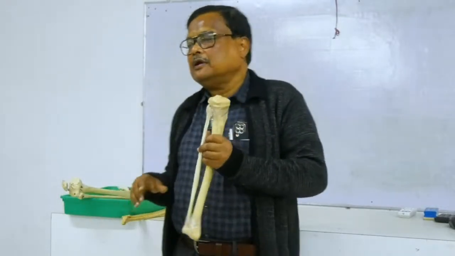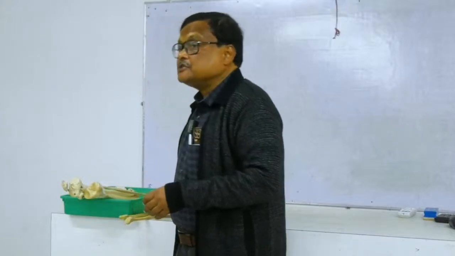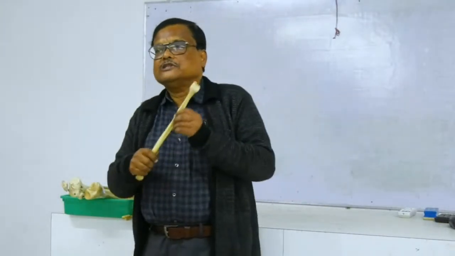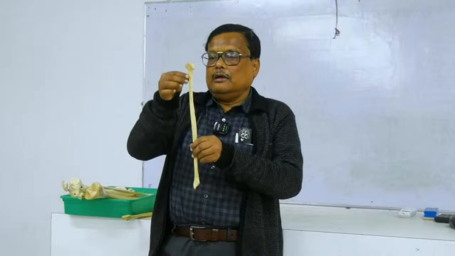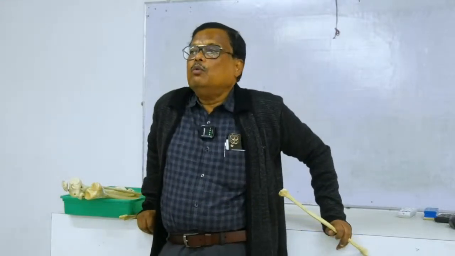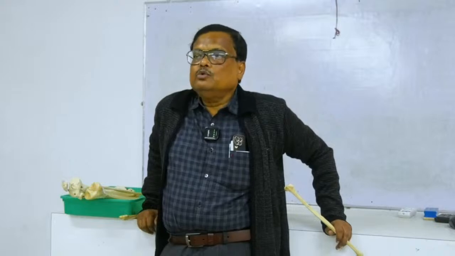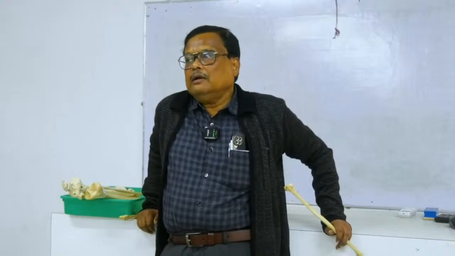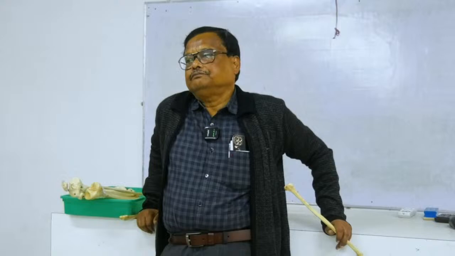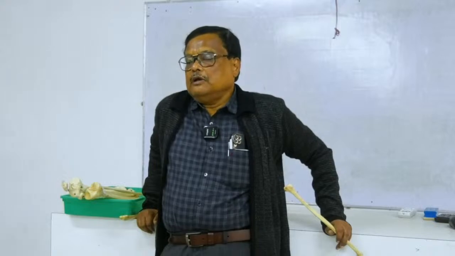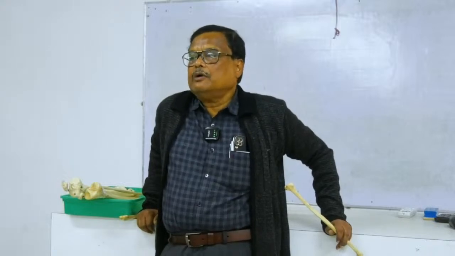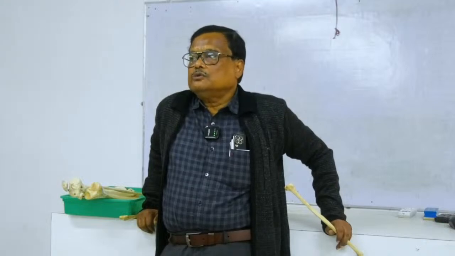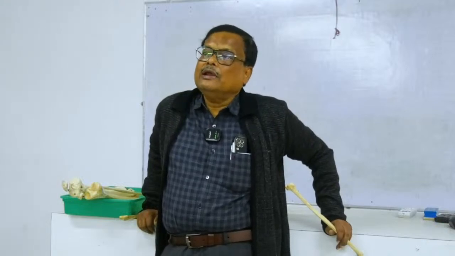So what is the matter? Let me tell you the ossification a bit earlier, because toward the end you will be tired and will not want to listen. So the fibula ossifies from one primary center and two secondary centers. One primary center for the shaft, and two secondary centers, one for the upper end and one for the lower end. The primary center of ossification appears at about 6 to 7 weeks of intrauterine life.